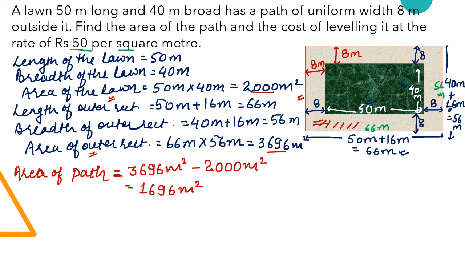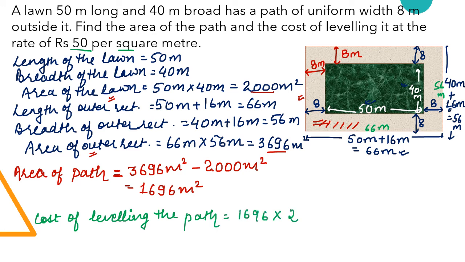Next we have to find out the cost of leveling the path at the rate of 50 per square meter, means for 1 square meter we have to pay 50 rupees. Therefore, we have 1696 square meter. So, cost of leveling the path will be equal to 1696 multiplied by rupees 50.